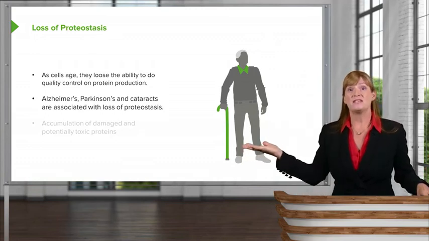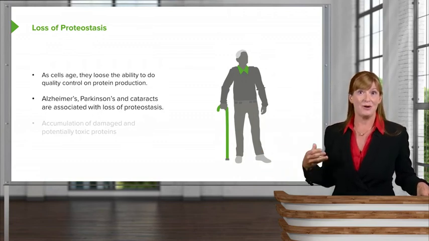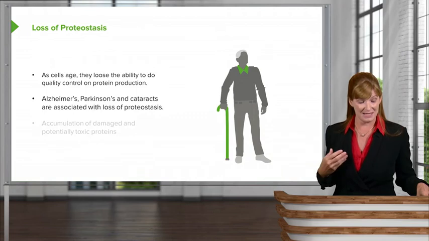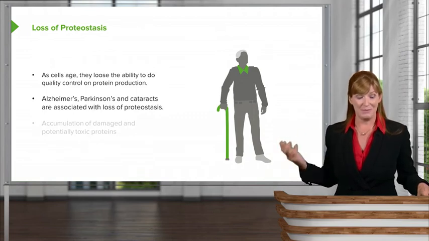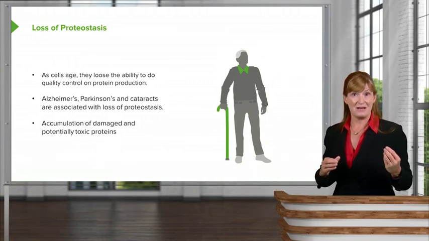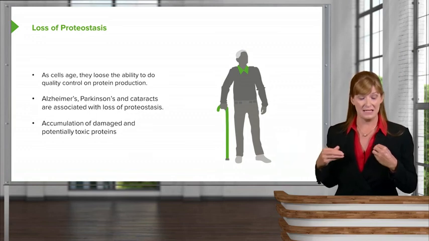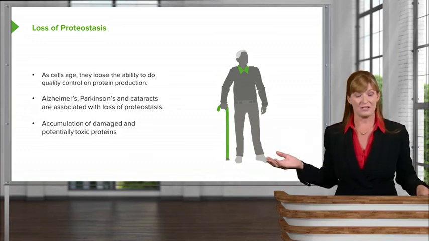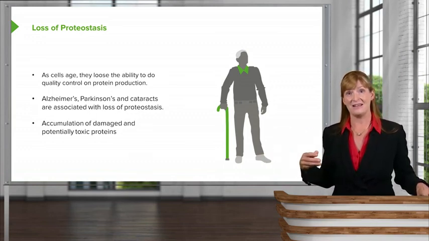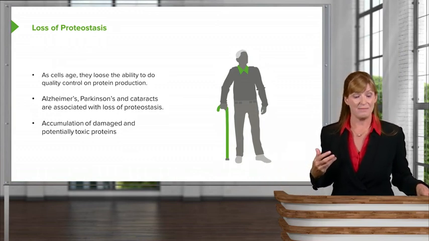So again, disorders clearly associated with loss of proteostasis or homeostasis of the proteins. Things are getting a little bit dysregulated. So accumulation of these damaged proteins, as we see in Parkinson's and Alzheimer's disease, clearly cause some phenotypic effects, even can be toxic, if not just interrupting signaling.